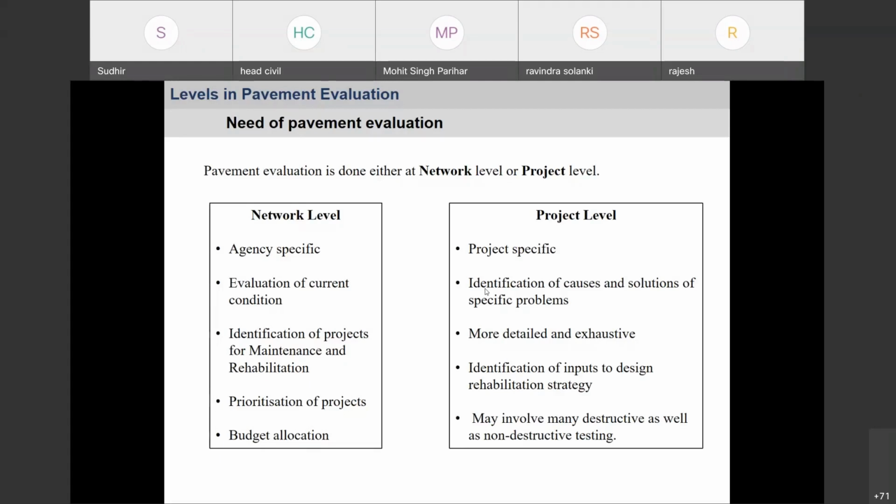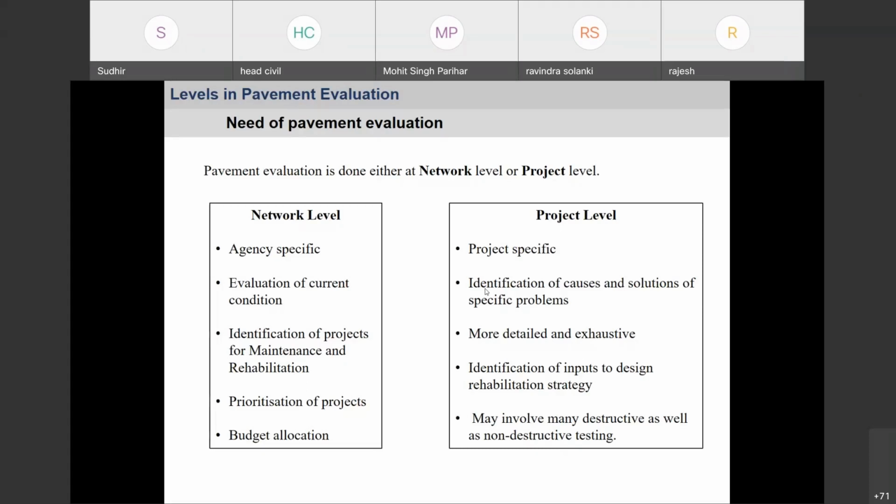In that case, I would like to understand in terms of its condition, what are the existing deterioration or failures, what are the causes of the failure that is there, what are the solutions or treatments that may be required for the project.